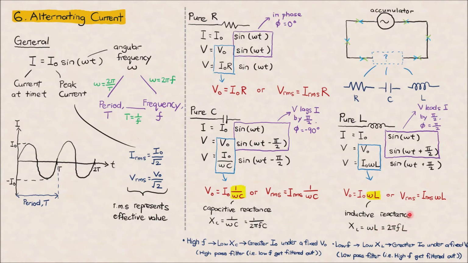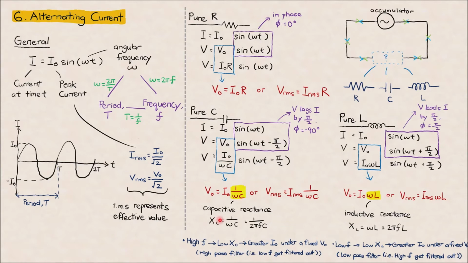Okay, so if you compare the inductive reactance with the capacitive reactance, you see that for the inductive reactance, the frequency is directly proportional to the reactance. Whereas for capacitive reactance, the frequency is inversely proportional to the capacitive reactance.